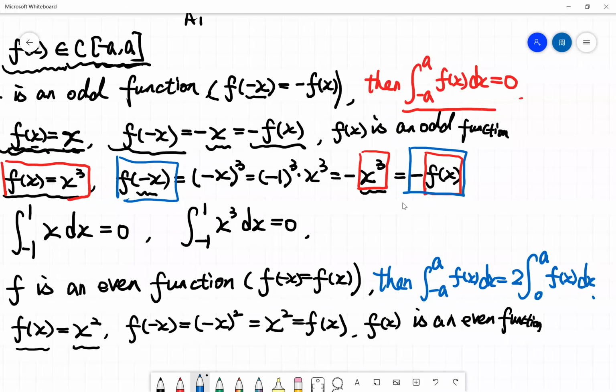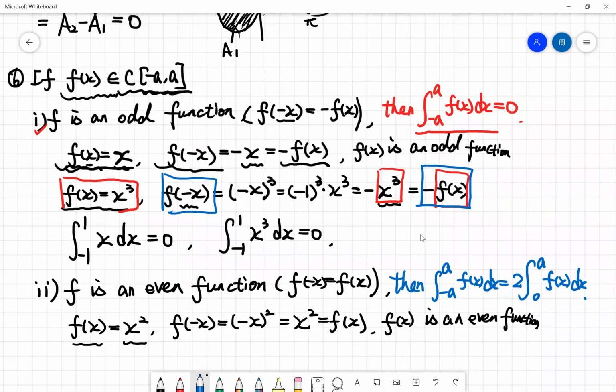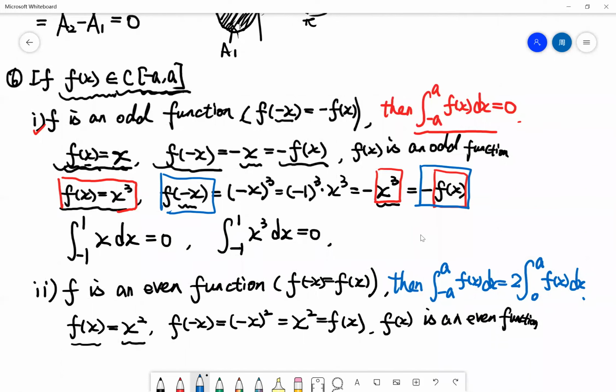So here we have learned 2 more properties that use the property of the function. So you should know the odd functions and the even functions, and you can use them. The odd function we usually use is sin x, right? This is an odd function.